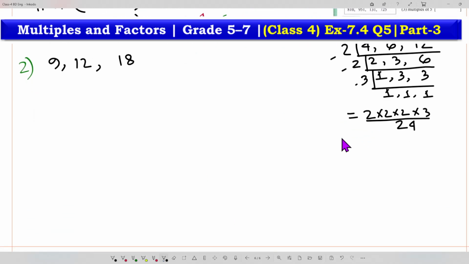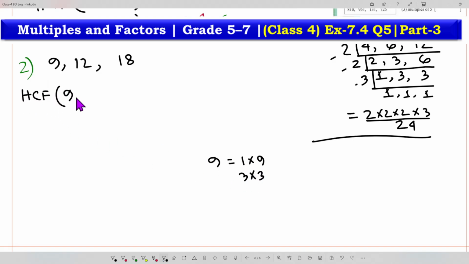First we have to find the factors. 9 we can write as 1 times 9, 3 times 3. So for 9 it's 1, 3, 9.